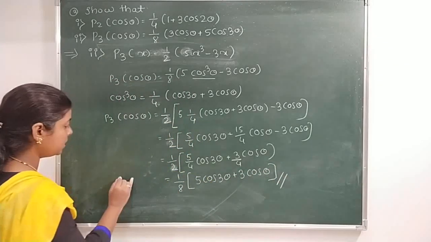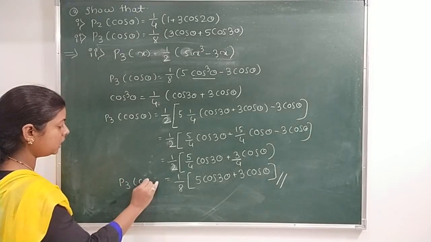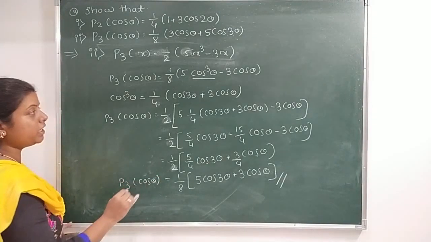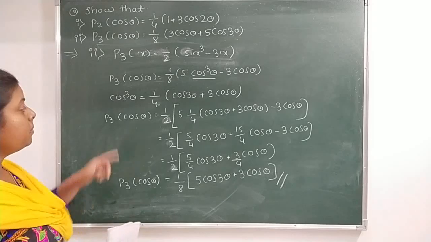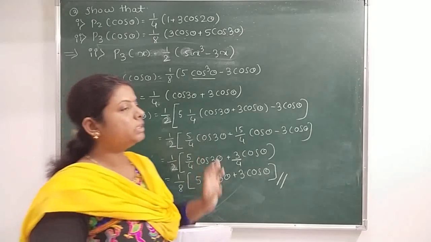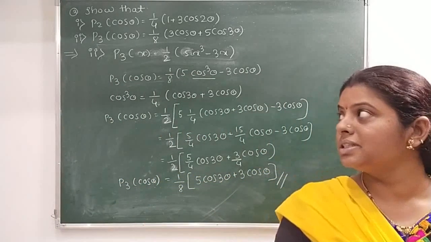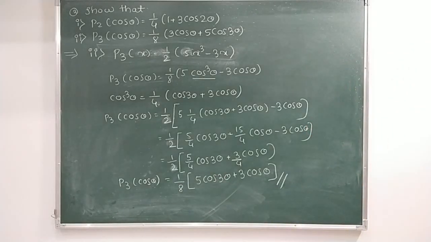This is P3 of cos theta. Like this, similarly you have to prove P4 of cos theta also. They asked this in a model question paper. This type of problem they will ask compulsorily in the C part of model 4.